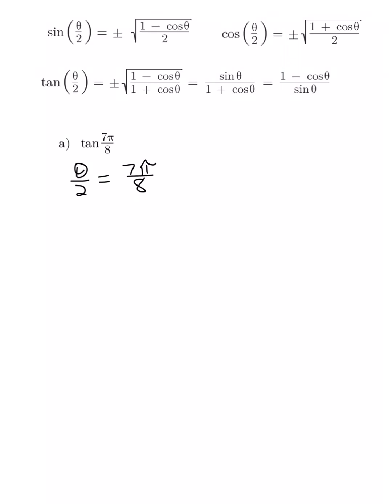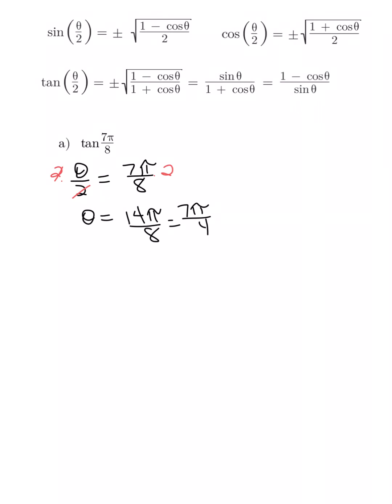In order to do this, we're going to multiply both sides by 2, and this will now give us theta equals 14 pi over 8, but that simplifies if you divide both numbers by 2 to equal 7 pi over 4. 7 pi over 4 is a number on our unit circle, and so that's what we are going to use in our formula as theta.